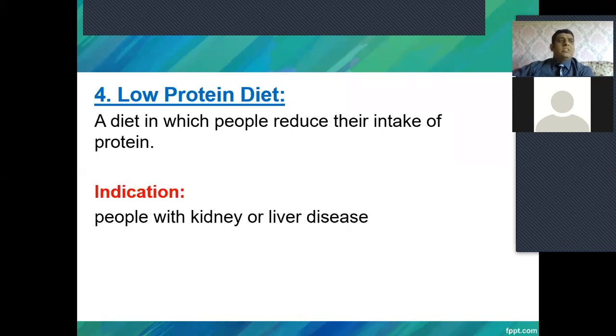If the patient has hypertension, chronic kidney disease, a kidney problem, kidney failure, or liver diseases such as cirrhosis, hepatitis B, or hepatitis C, all of which are liver diseases, then a low protein diet is recommended for the patient.